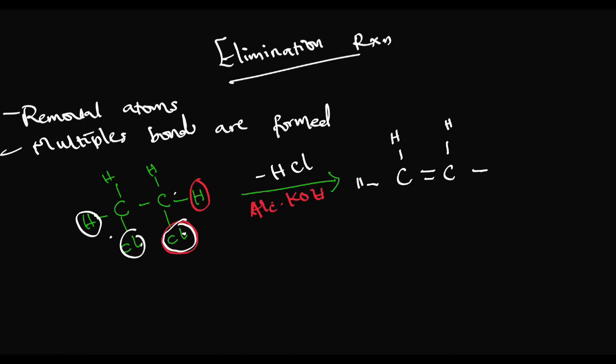One Cl I have left, so I can't remove Cl from here. Here you leave. So this is how it will look. Since a hydrogen and a halogen left, I can call this reaction a very unique name, known as dehydrohalogenation reaction.